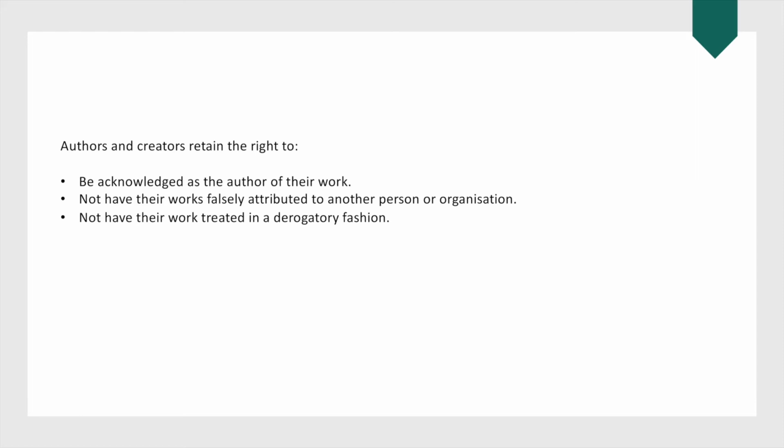And the most important one, that I think becomes increasingly important in this day and age, is not to have their work treated in a derogatory fashion. So either some text that is quoted out of context or images distorted or altered, including diagrams or flowcharts, etc., that they may have created.